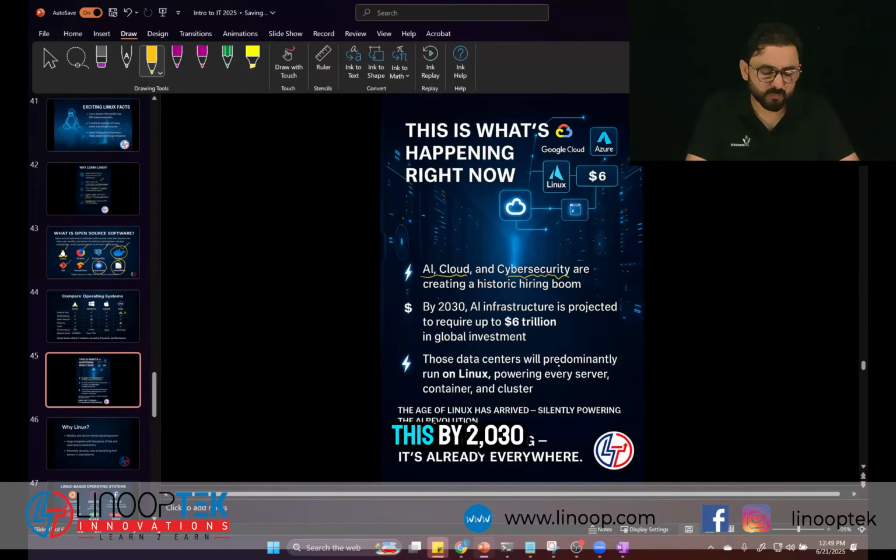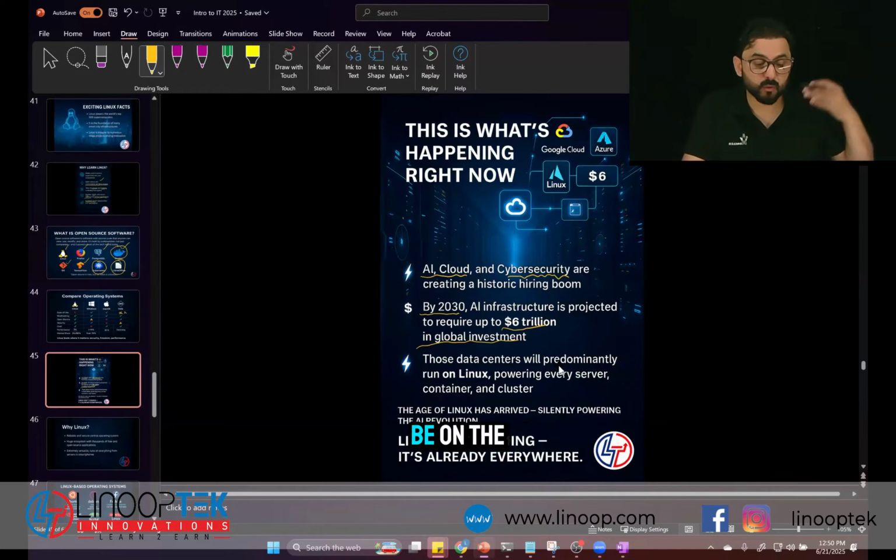So now if you look at this, by 2030, all infrastructure is projected to require up to $6 trillion in global investment. Companies like AI and cybersecurity companies are looking to spend around $6 trillion to build their data centers to meet the requirement of the consumer.